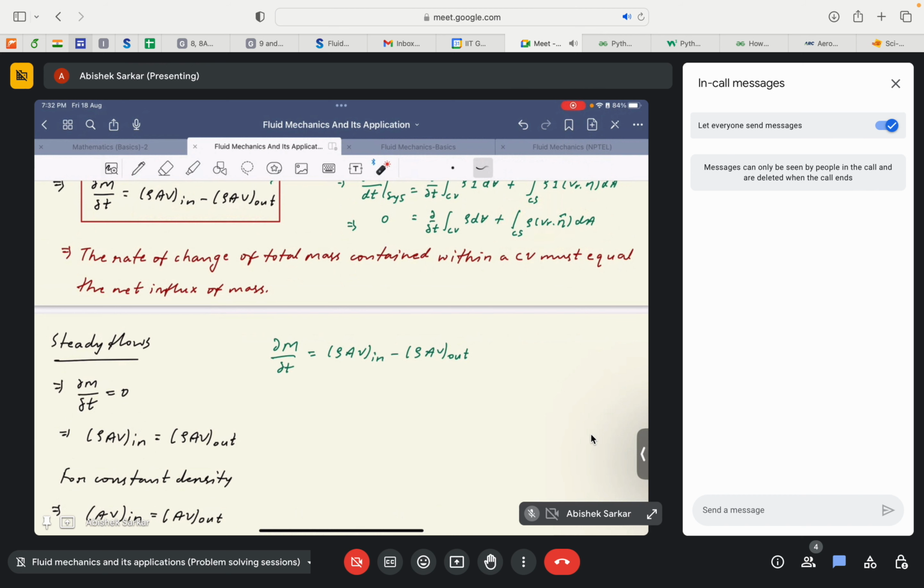When we take the dot product of the relative velocity with the normal vector, I think we'll be getting the volume. Okay, that's fine. Thank you, Sriniket.